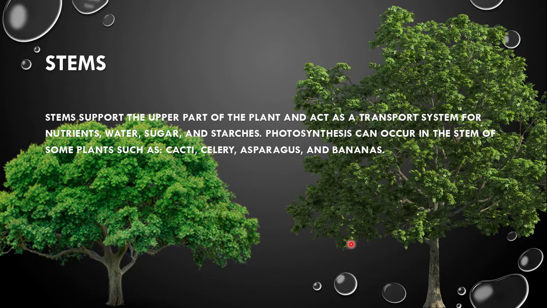We'll look at what photosynthesis is when we look at the functions of the leaf, and we'll realize how the stems of these plants are able to undergo this process, which we call photosynthesis.